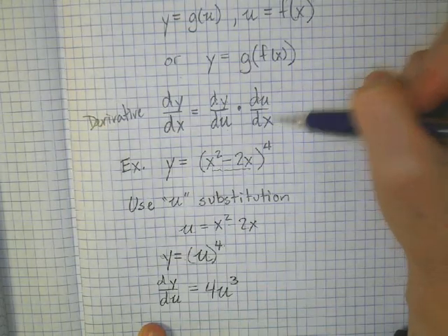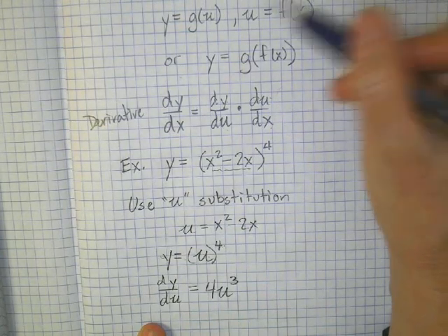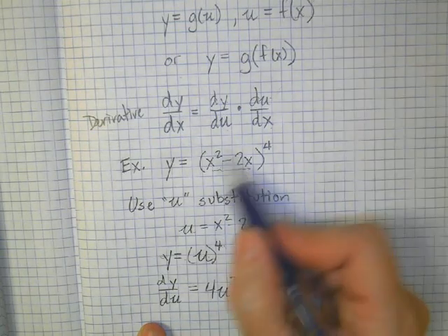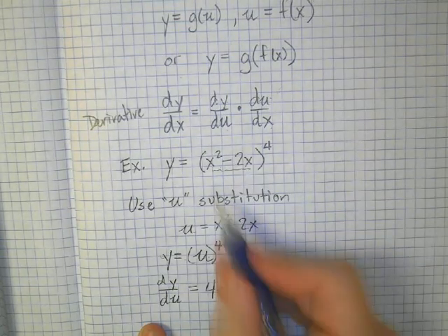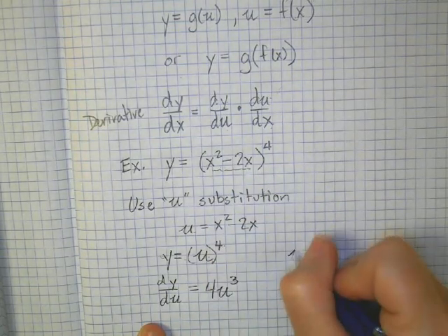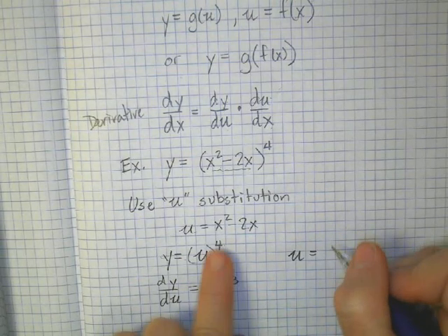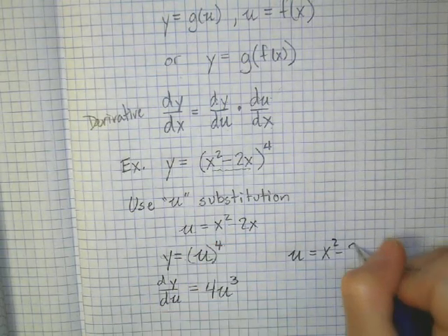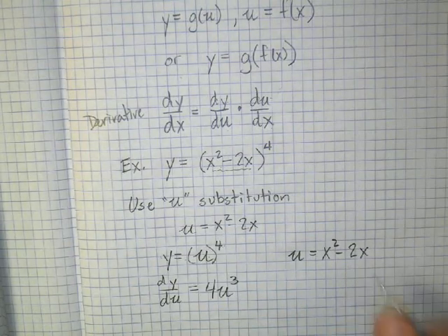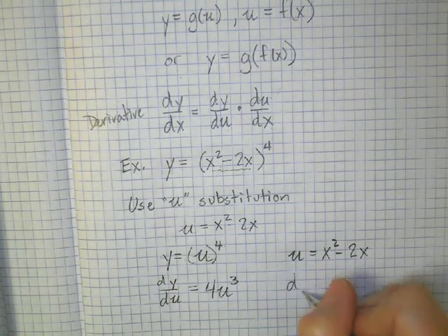So du dx is going to be the derivative of the inside part. So now we're going to find the derivative of this. So u is equal to x squared minus 2x. So I'm going to find that derivative. So that's du dx.